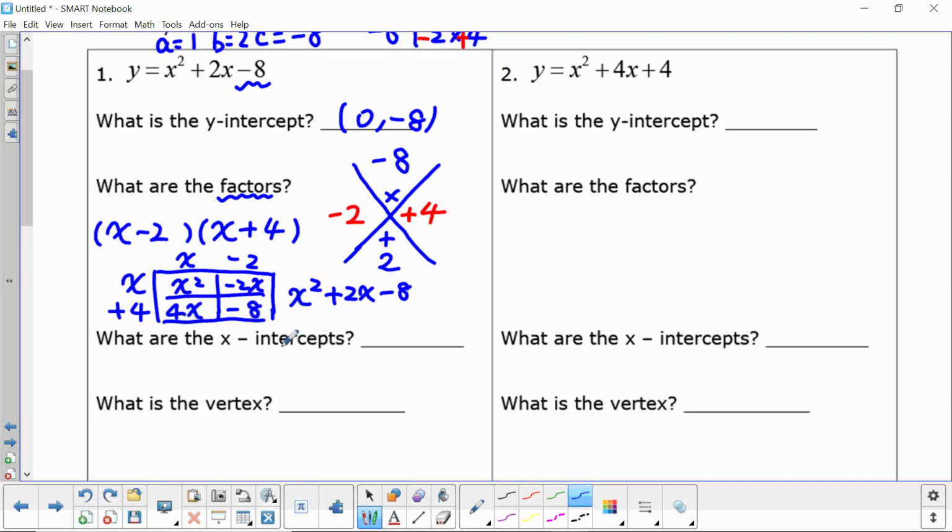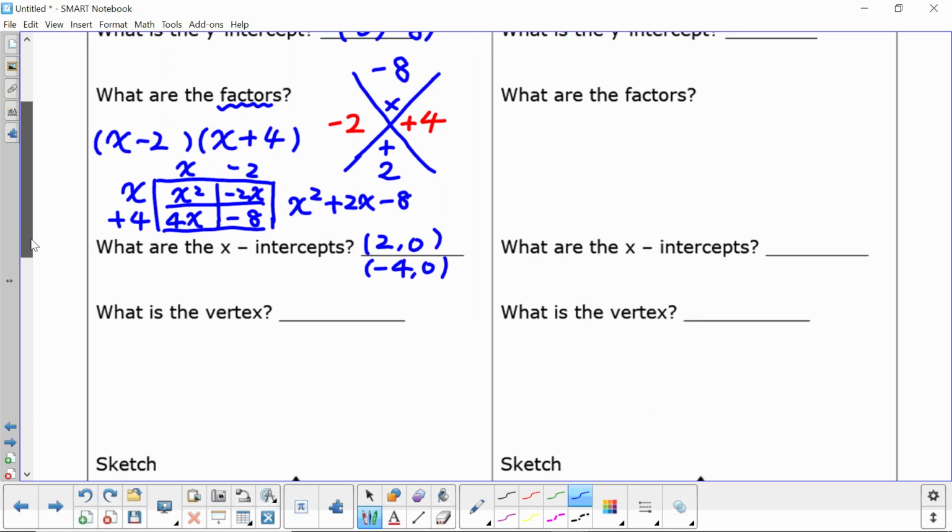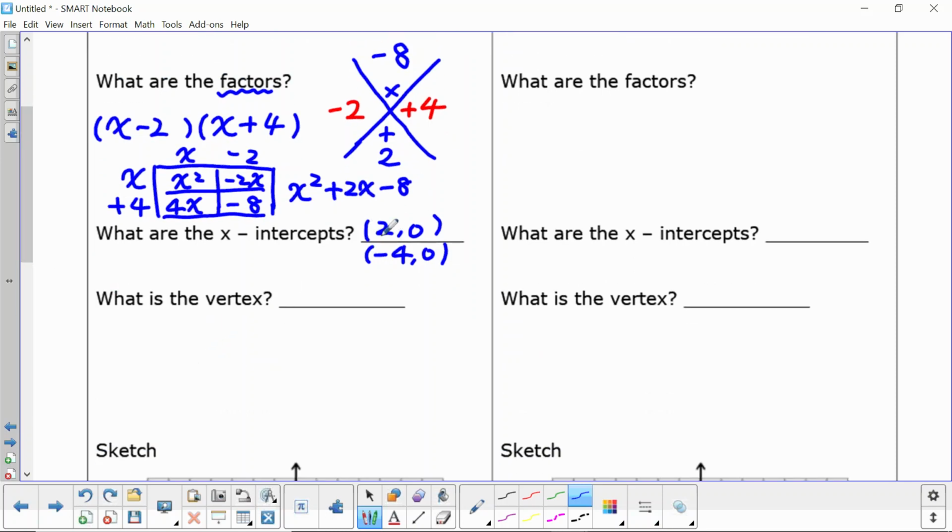Then what are the x-intercepts? Opposite of the number in the bracket. So it will be (2, 0) and (-4, 0). Then the vertex will be the middle of these two, because they are symmetric points on the parabola.